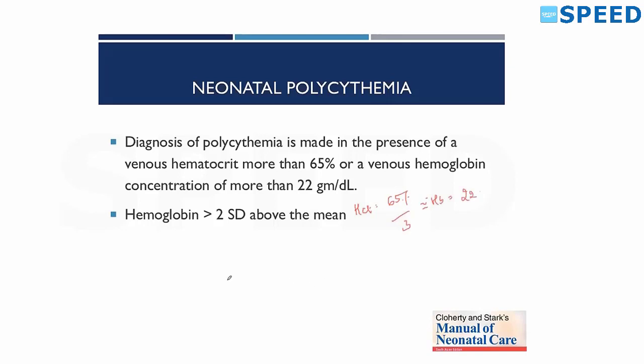That means PCV or packed cell volume, also called hematocrit, can be derived from the formula 3 times the hemoglobin value of the baby. So if you use this formula, you can derive hematocrit or PCV from the baseline hemoglobin concentration. So the relationship between hemoglobin and hematocrit or PCV is 3 times the hemoglobin.